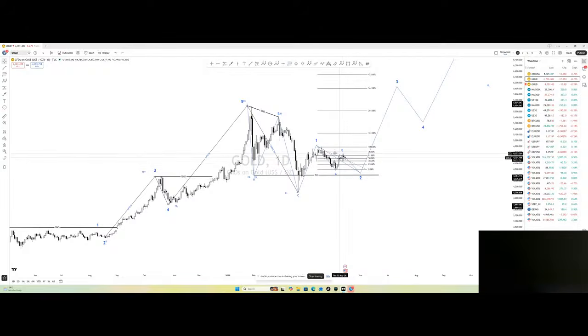Yeah, so 61%. And I'm expecting a corrective move to at least come to 2.